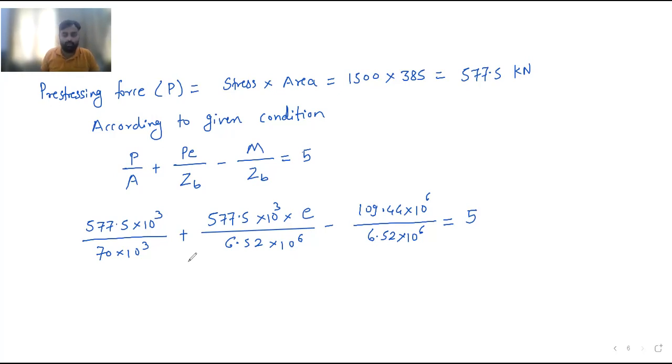First bracket. If we solve the first bracket, then divided by... what is the calculation for first bracket? 8.25.